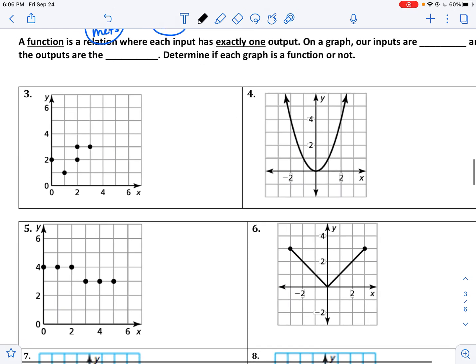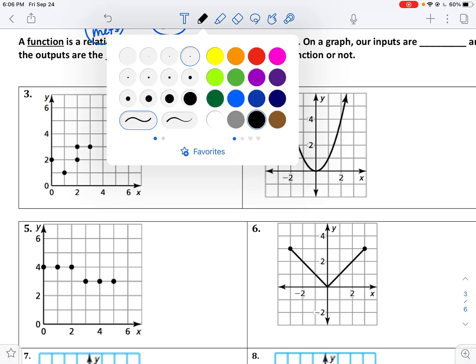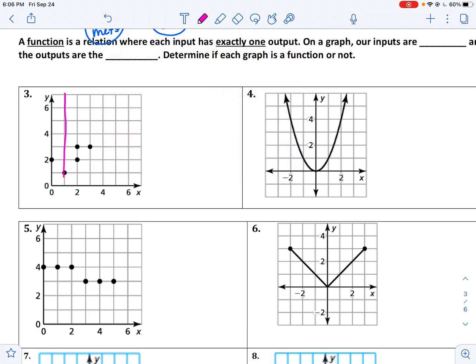Now what does that look like on a graph? On a graph, our inputs are X and our outputs are Y. So what I'm going to do is I'm going to use a vertical line. Let me do it in pink. And I can test if each input has exactly one output by dragging a vertical line, maybe your pen or pencil or your finger, across a graph.